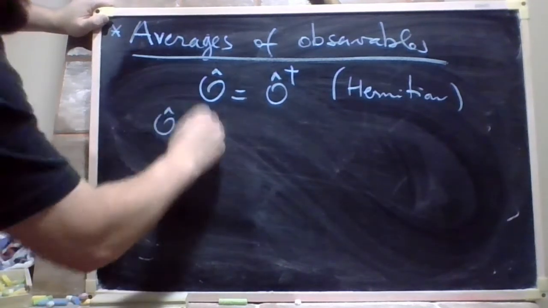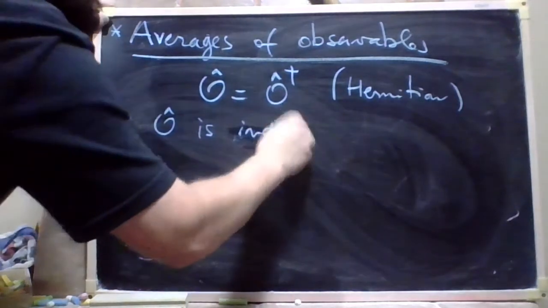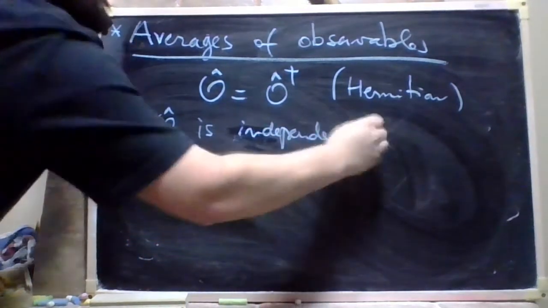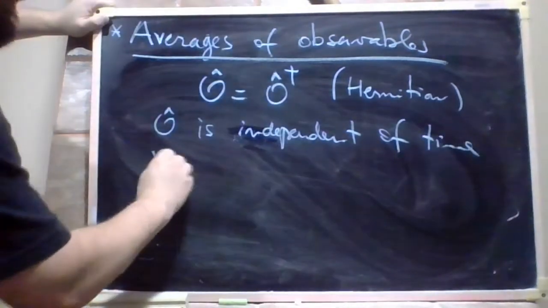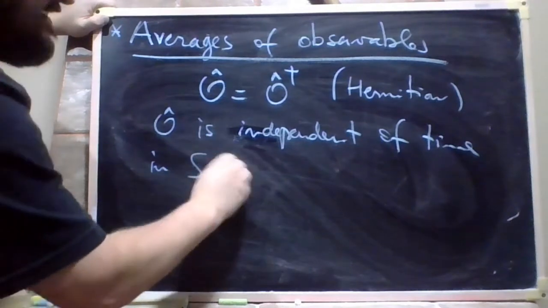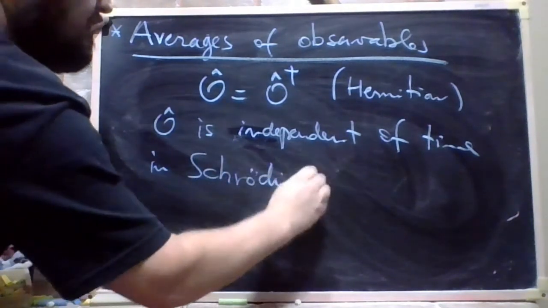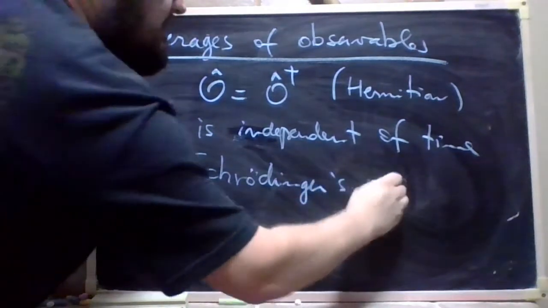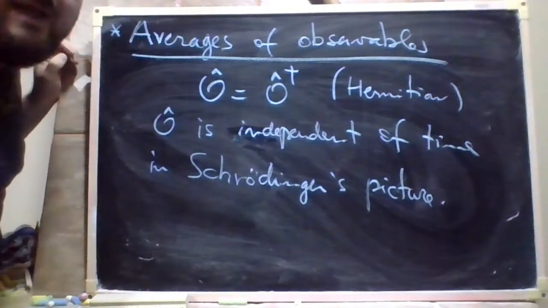O is constant. It's independent of time in what is called Schrödinger's picture, the Schrödinger version of quantum mechanics.